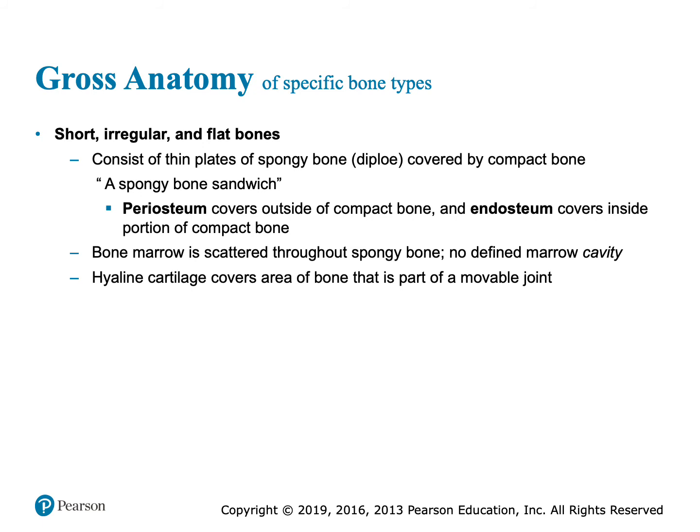I mentioned earlier that just like this cartilage is going to have perichondrium, well, bone is going to have periosteum. One thing I didn't mention is that on the inside of compact bone, we're going to have another liner called endosteum. And we've got different things going on both sides of those.